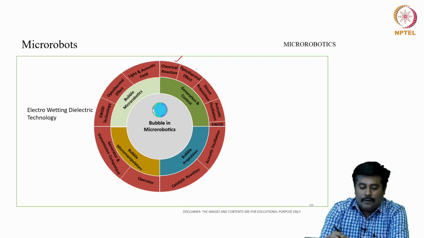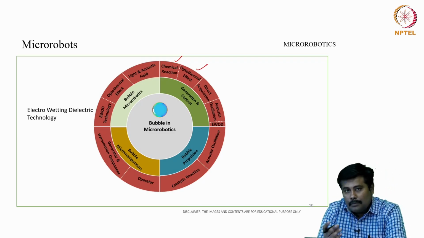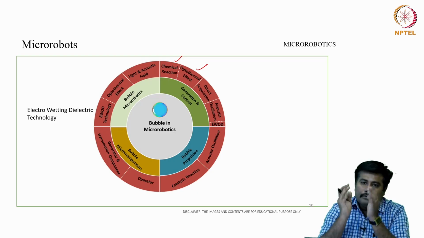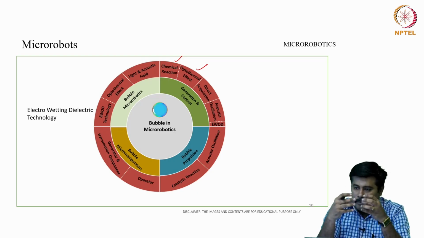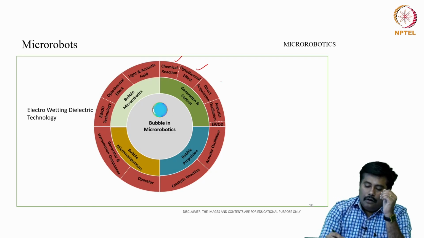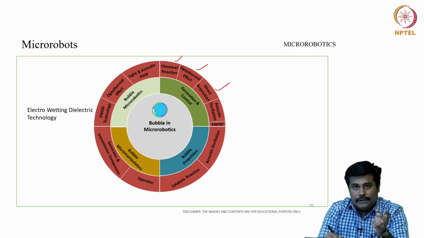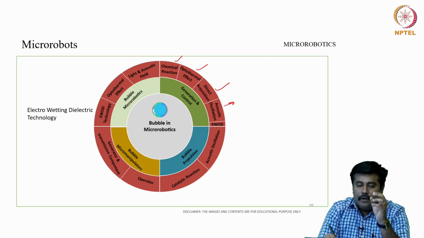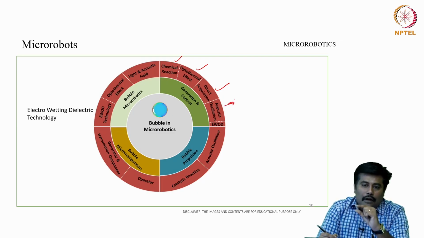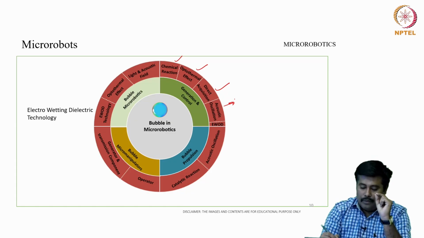In certain cases, we can also use an optothermal effect, where we focus a beam in a particular medium where bubbles can be generated, or sometimes it might be through direct acquisition. In certain cases, we can also use acoustic oscillation in generating certain amounts of bubbles.